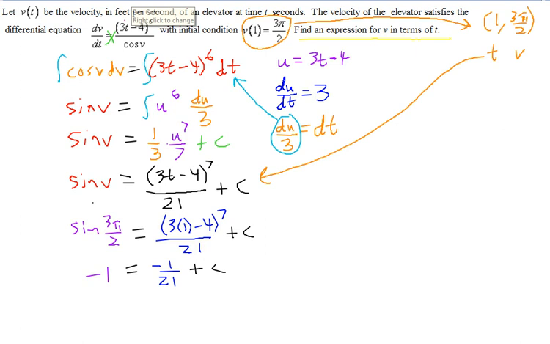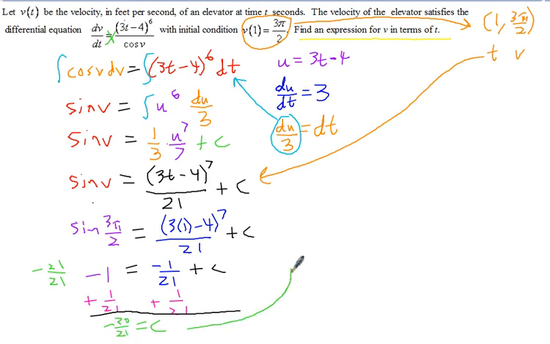And then if we add 1 over 21, we get c equals, well, that's negative 21 over 21, same as negative 1, plus 1 over 21, that's going to be negative 20 over 21.